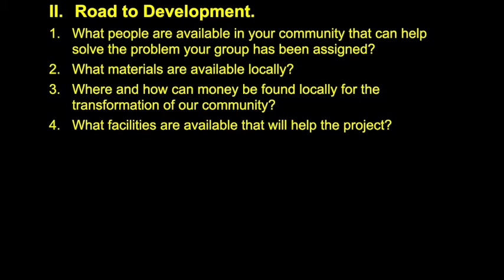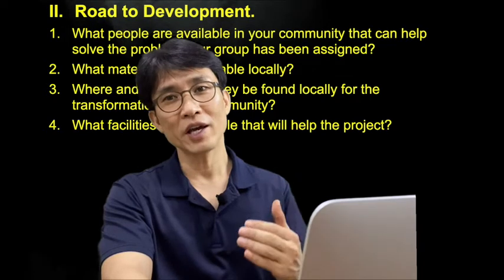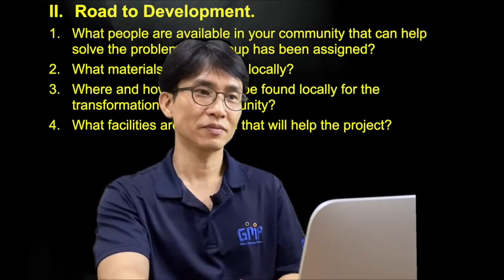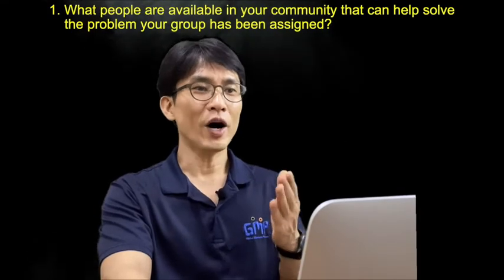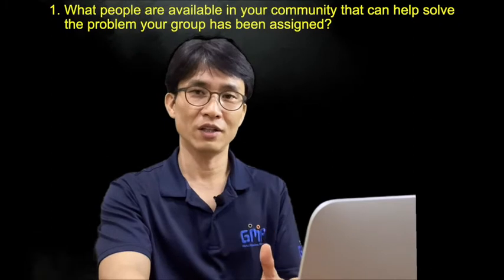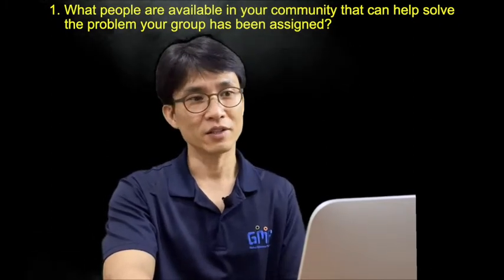Last question, what facilities are available that will help the project? Okay, one by one we can answer. Number 1, what people are available in your community that can help solve the problem your group has been assigned?